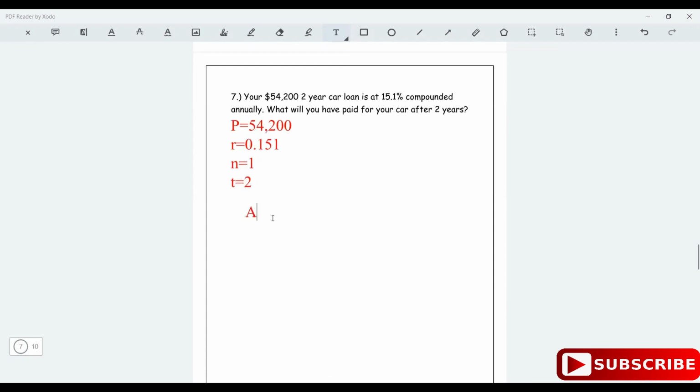The amount that you're going to have to pay back is your principal of 54,200 times 1 plus r over n, which is 0.151 over n, which is 1, raised to the n times t, which is 2. So what we get is the amount works out to be equal to 54,200 times 1 plus 0.151 raised to the second power.